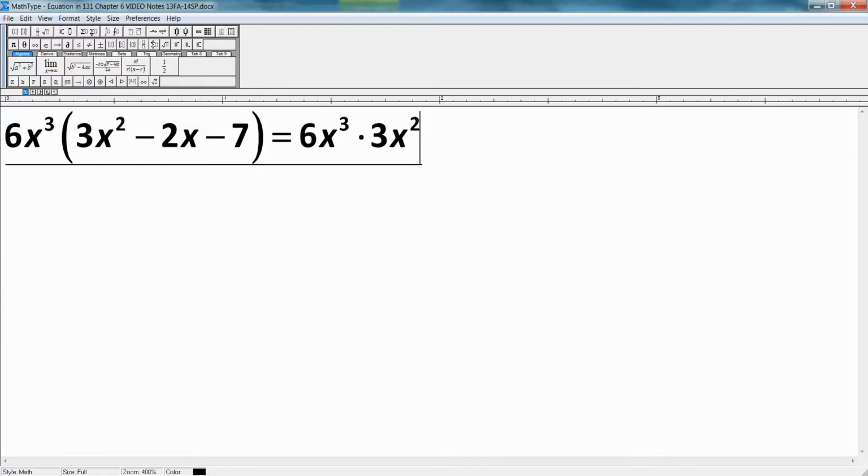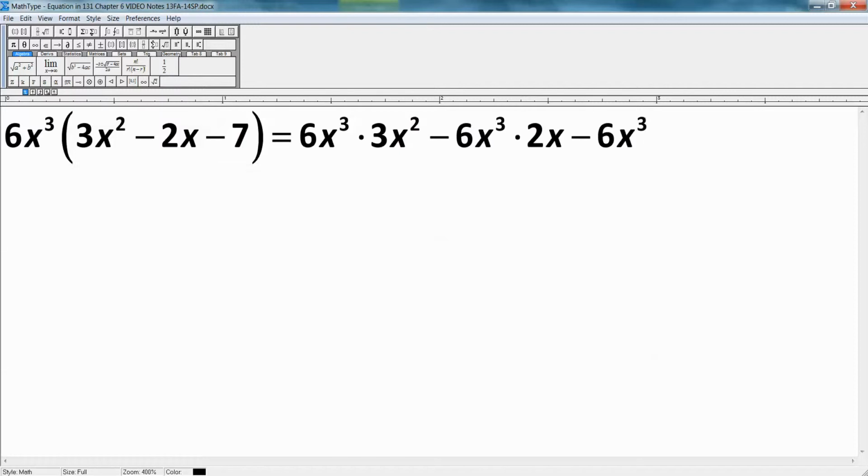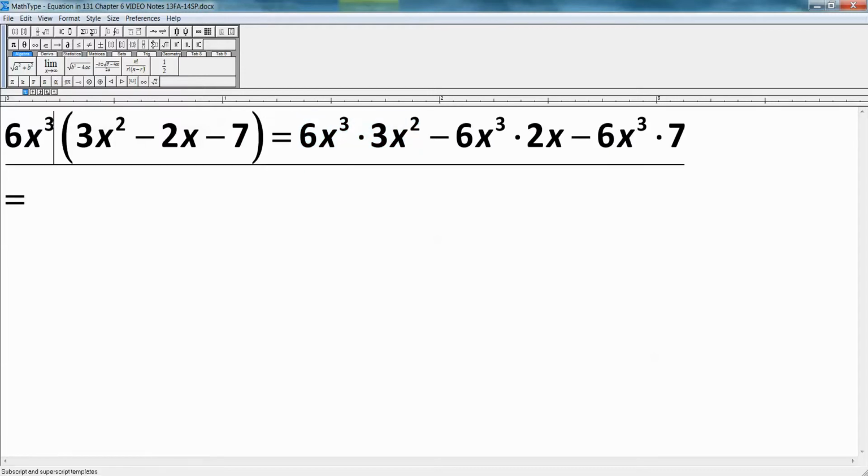So 3x squared, then you're going to subtract because of the minus, 6x cubed times 2x, and then minus 6x cubed again, times 7. Well, that's kind of a mess. We don't have to think of it this messy all the time, but we're doing it this way this one time just so we can see.